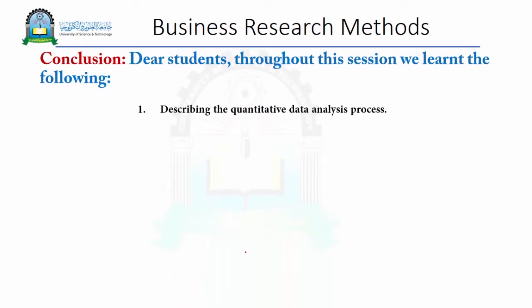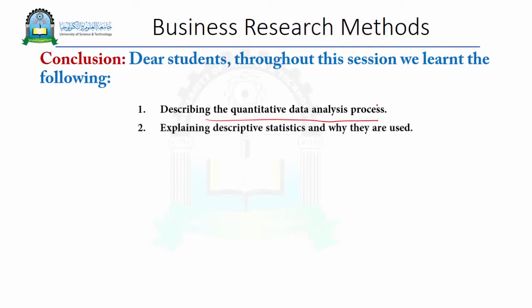This is the end of this session, which has been about the data analysis techniques and methods. At the end of this session, I hope that all the students have learned how to describe the quantitative data analysis process, how to explain the descriptive statistics and why they are used, and how to decide which analysis technique suits the research problem.